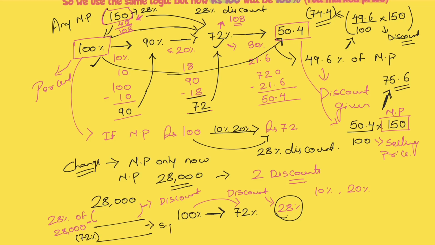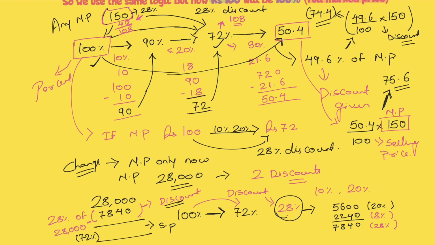So let's just apply it to this. As I know, 28% of 28,000 comes out to be 7840. 20% is 5600 and 8% is 2240. So 28% comes out to be 7840. So that is the discount that is given. Okay, in case they ask you the discount, you know the answer, 7840.